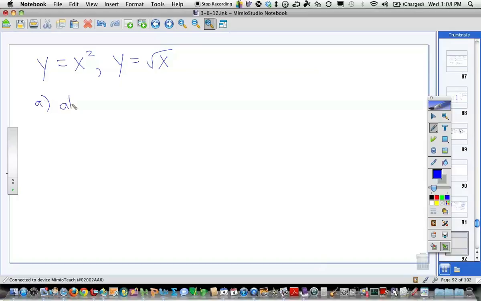For part A, let's revolve it about x equals 1. And for part B, let's revolve it about y equals -2. Okay? Try that.